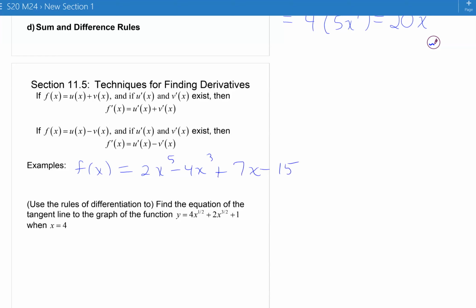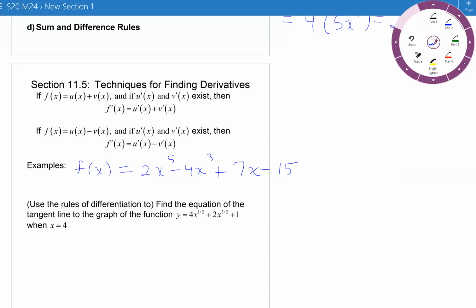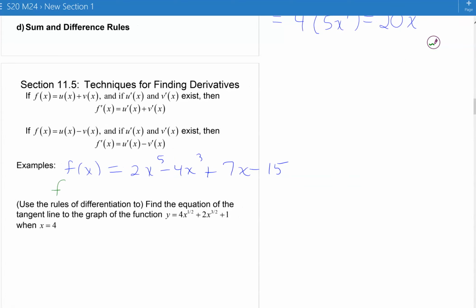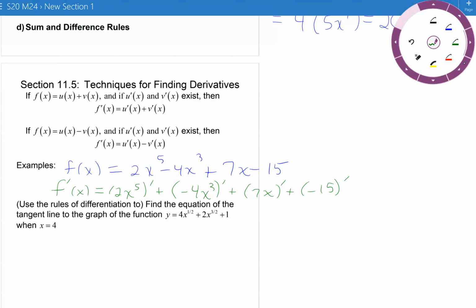and we want to do the derivative of f, what this says is we do the derivative of the 2x to the 5th plus the derivative of negative 4x cubed plus the derivative of 7x plus the derivative of negative 15. So we just do each piece one at a time and then add those pieces together.